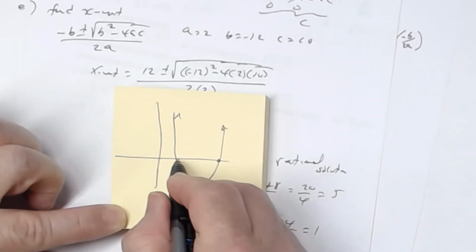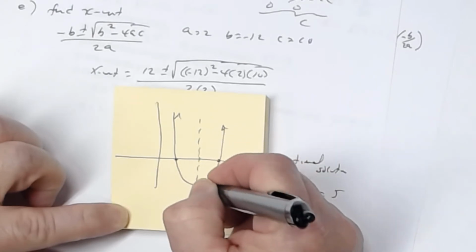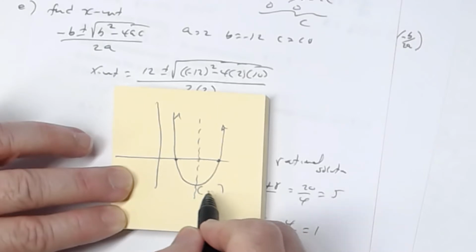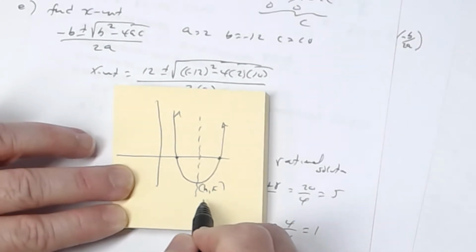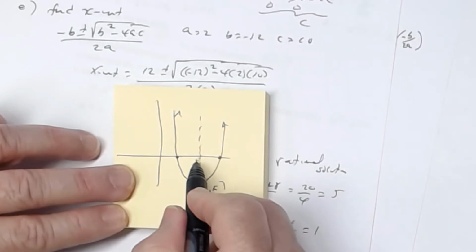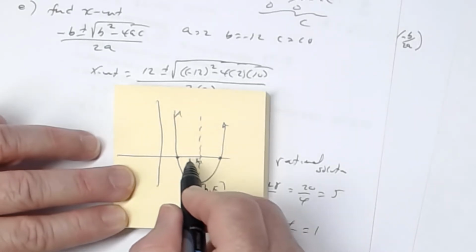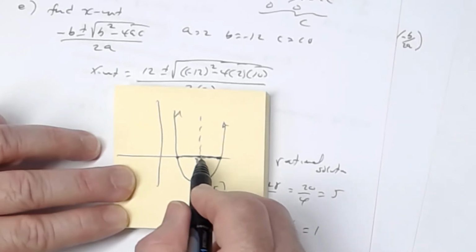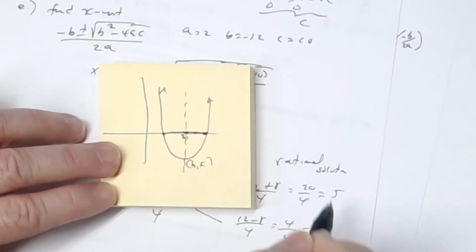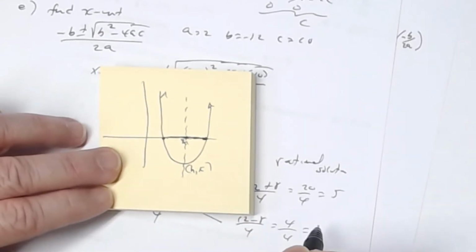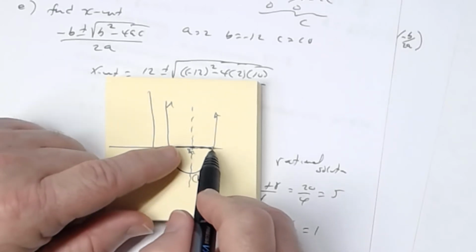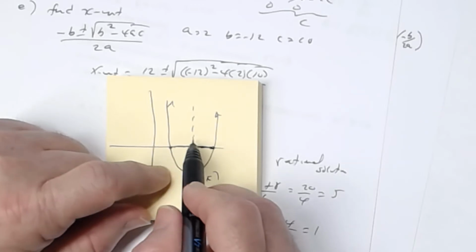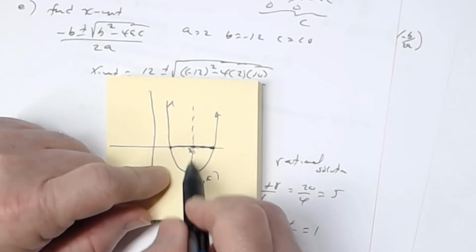If these are your x-intercepts right here, and this is your axis of symmetry, then remember your axis of symmetry has H, K as your coordinates. Then this is H right here, right? X equals H, right? So this segment right here, this is the middle of it. So we said that once you get to your x-intercepts, verify that those could possibly be correct. So you take your x-intercepts, add them up, and divide by 2 to see if you get the x coordinate of your vertex.